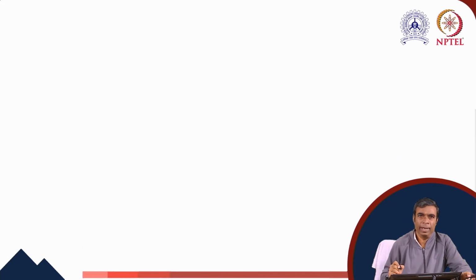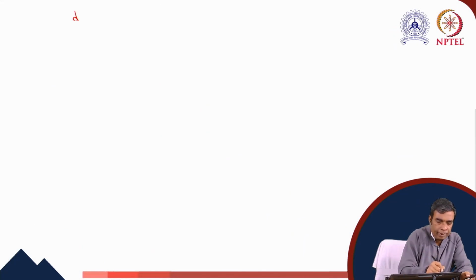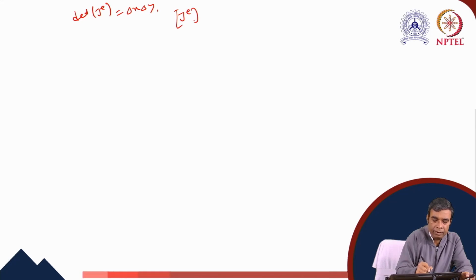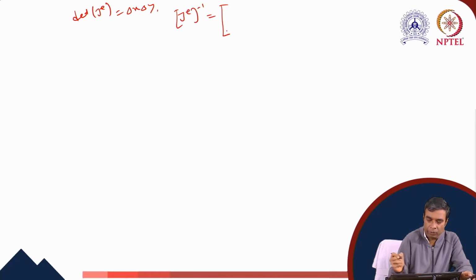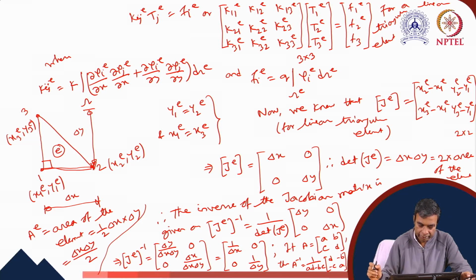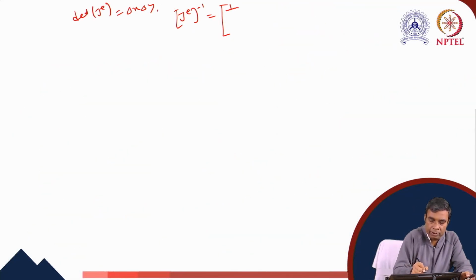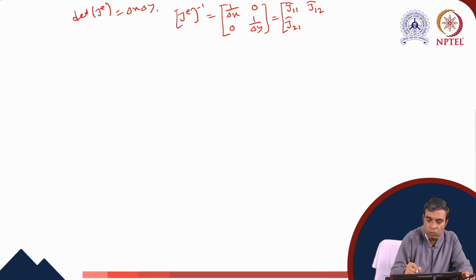So now we derive this expression: determinant of J equals del x del y, and the inverse of the Jacobian matrix, which we have just now calculated, is 1 by delta x, 0, 0, 1 by delta y. So the Jacobian terms are j11 tilde, j12 tilde, j21 tilde and j22 tilde. So this is the 2 by 2 matrix.